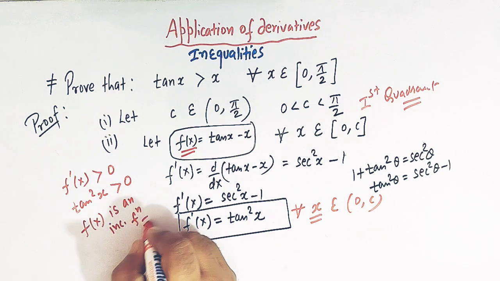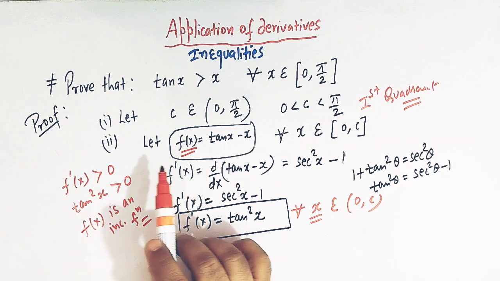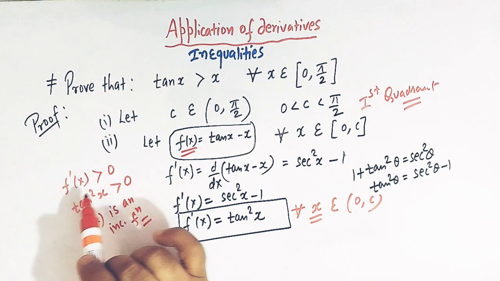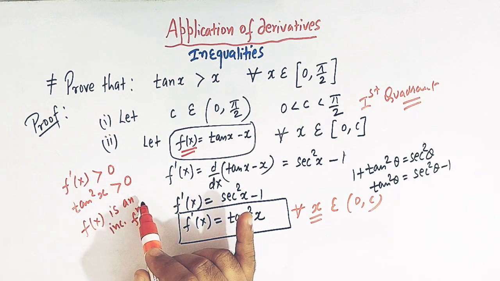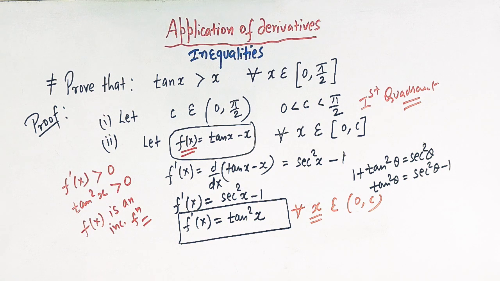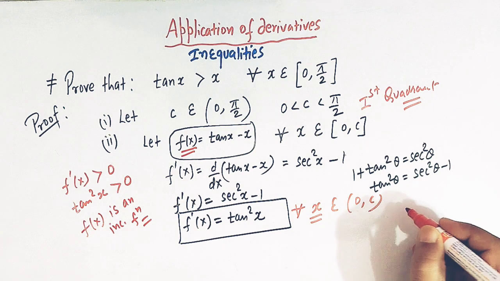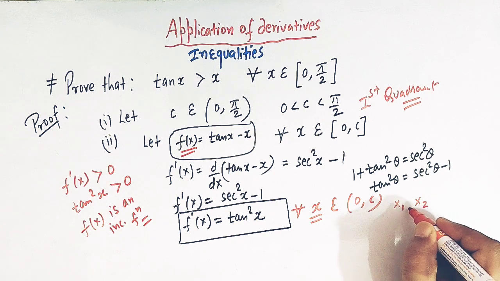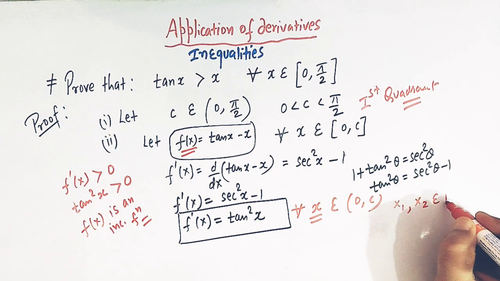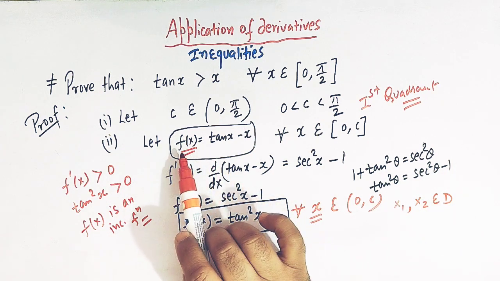Because we know that if the derivative or the slope is positive, greater than 0, then the function is said to be an increasing function. Now let us apply another definition of an increasing function.